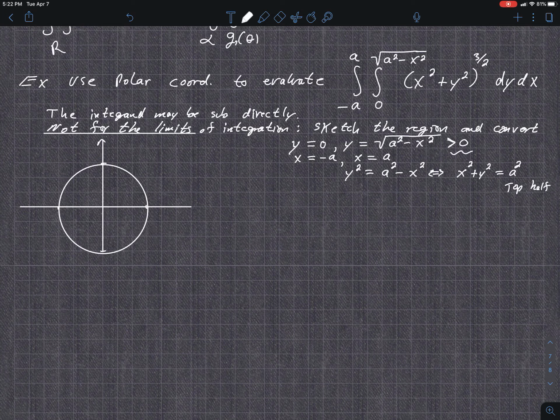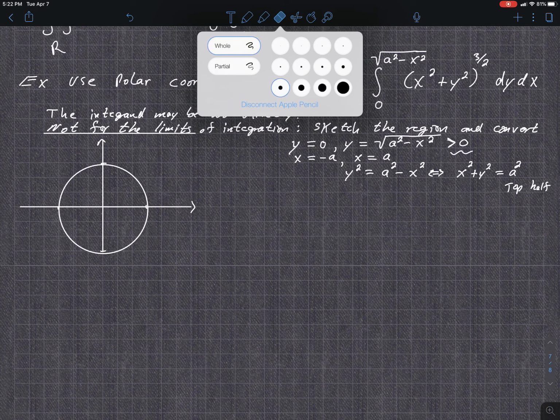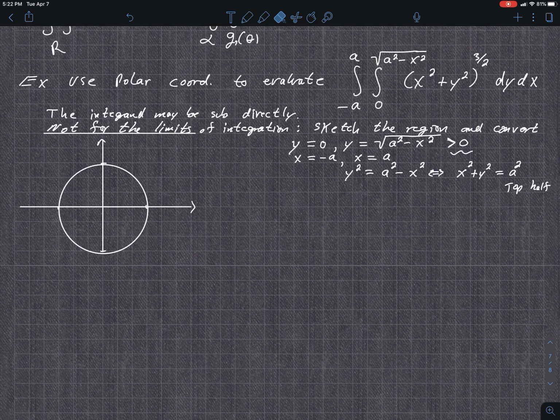That's only because I can use the software to do it. If you use a stencil, you can do the whole thing and then erase part of it. So then I go through and erase this bottom part. There we go. It's just that top half.